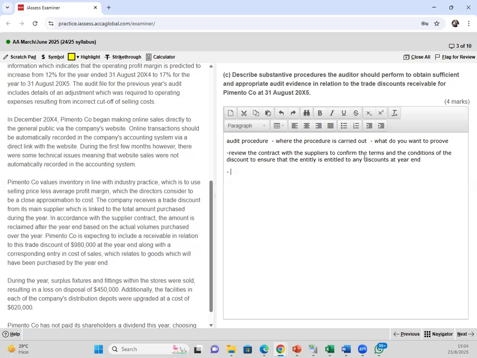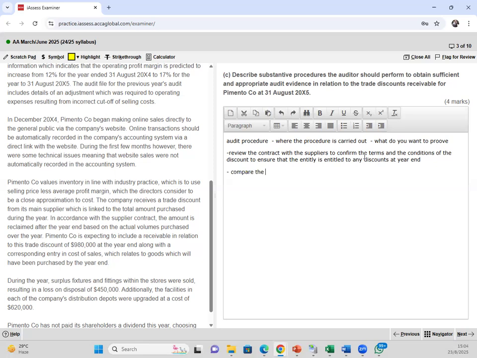The company is expecting to include a receivable in relation to this. So at the end of the year, they are expecting to have a receivable of 980 for the discount. They're expecting to be given a discount of 980. So this could have been overstated. We can use analytical procedures.